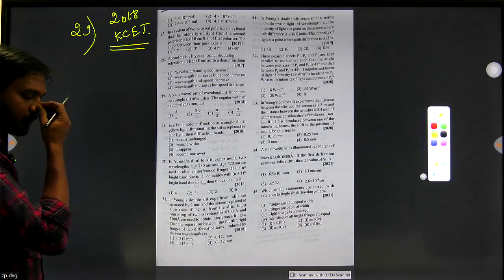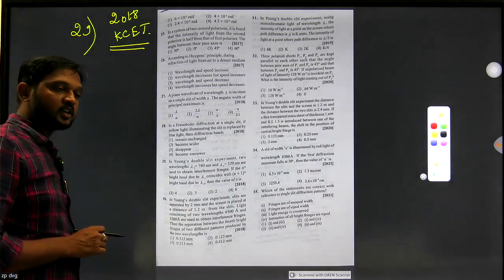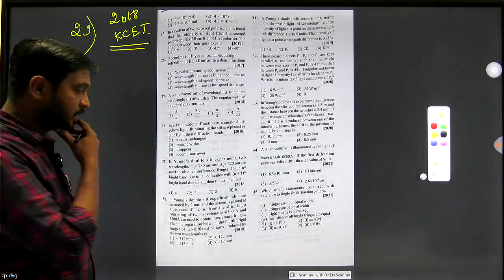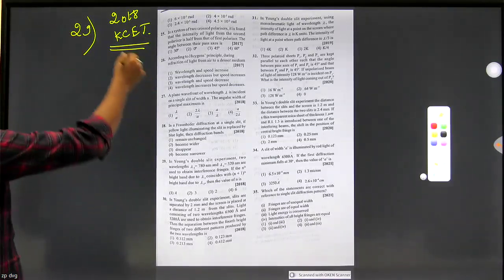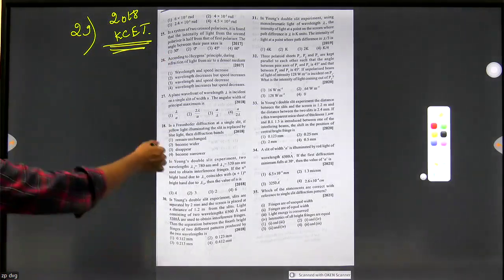So concentrate more on Young's double slit experiment, its formulas and concepts. I hope all of you understood the previous year problems discussed in this class. Next, question number 29.